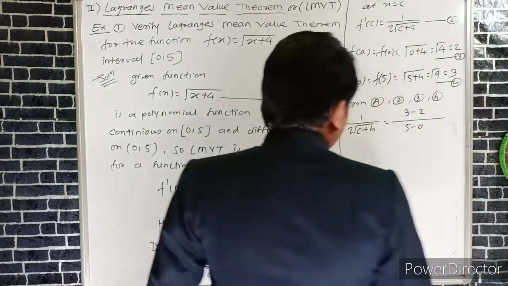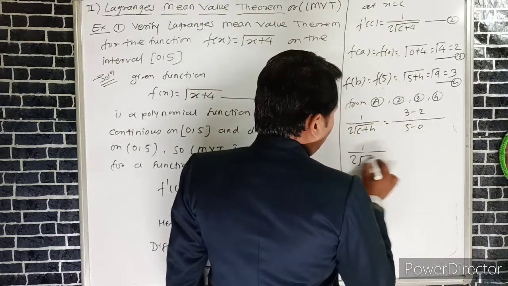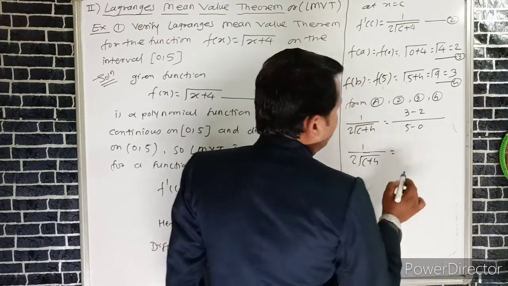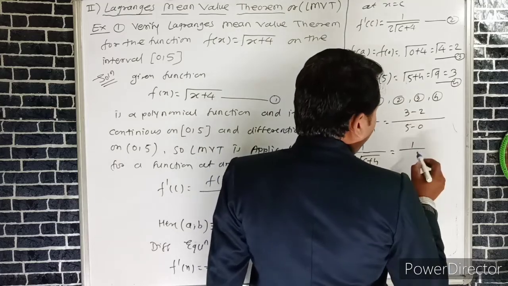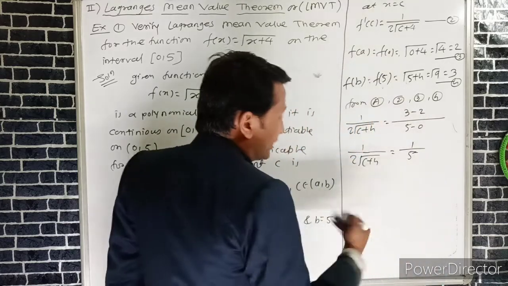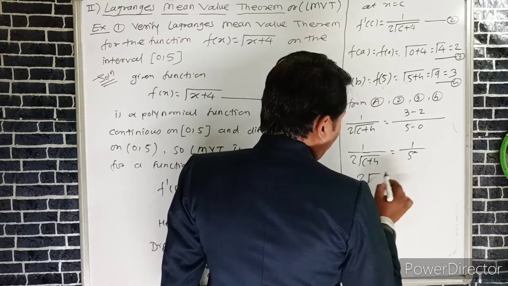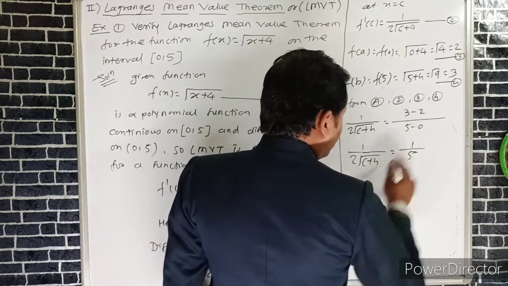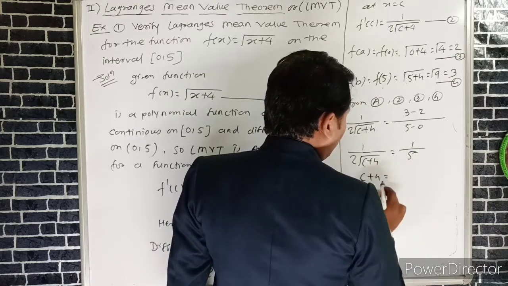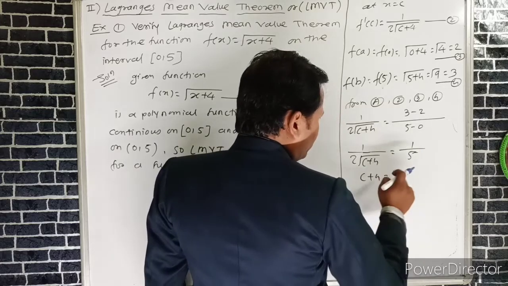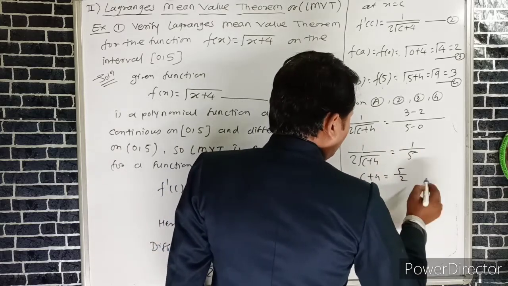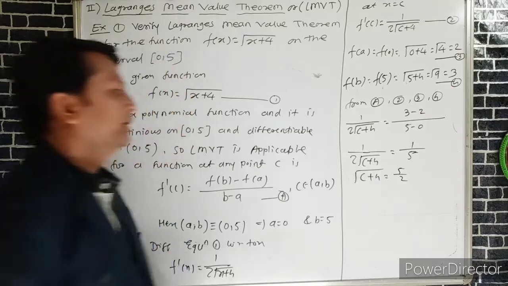So we can write 1 upon 2 under root of c plus 4 is equal to 3 minus 2, which is 1 by 5. Again we can write 2 under root of c plus 4 is equal to 5, so under root of c plus 4 is equal to 5 upon 2.